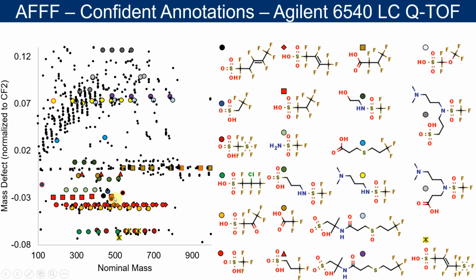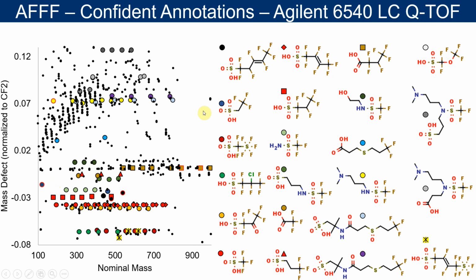defect. So we can take advantage of that in the software and say, if within 5 ppm, let's say, or 30 ppm, all of these features fall within the same mass defect, and they're separated by 50 Daltons or divisible by 50 Daltons, which is the mass of CF2, then let's group them all into series.